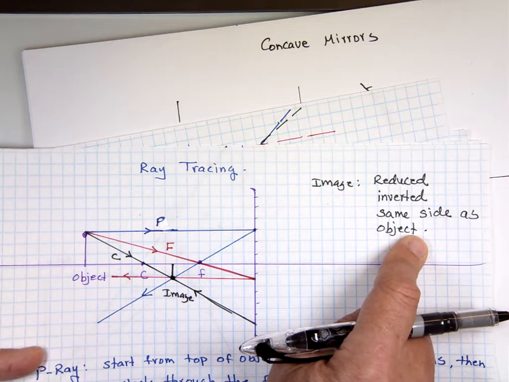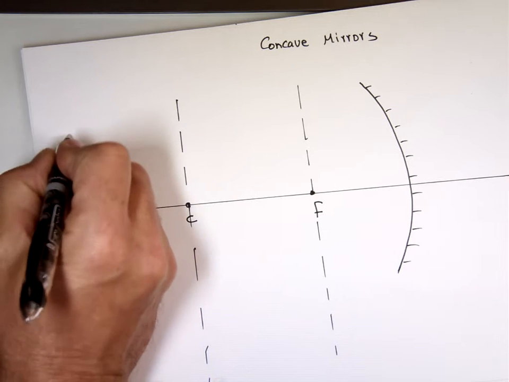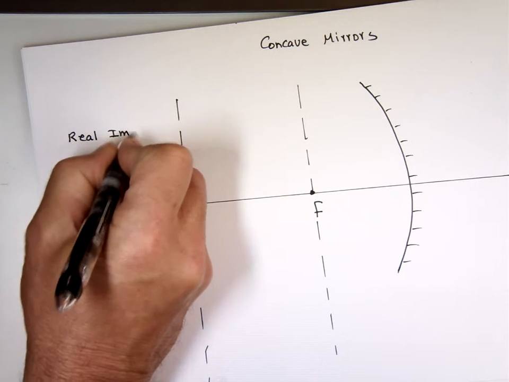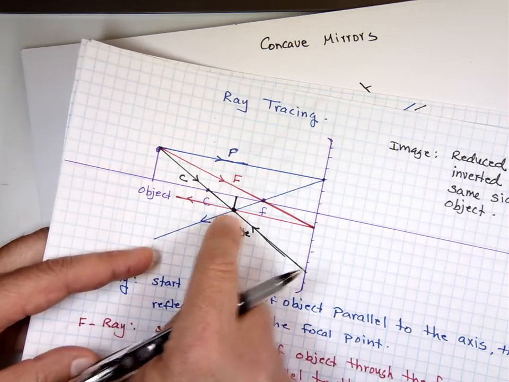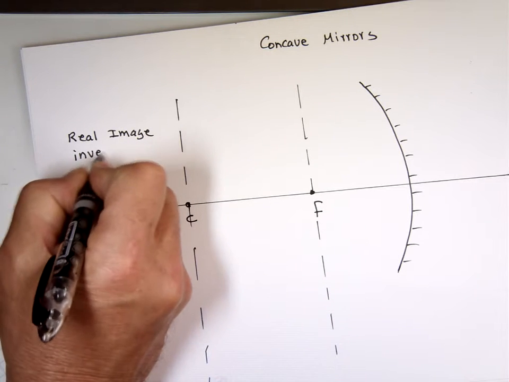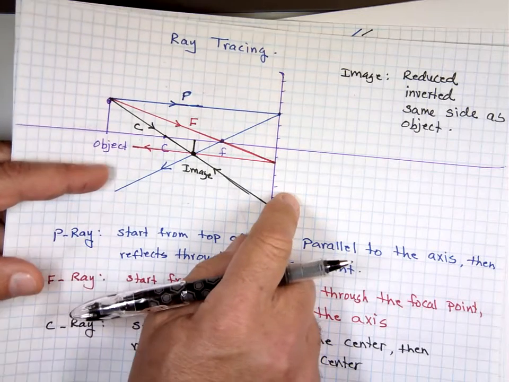So summary, you're going to have a real image right there on the same side, inverted, right? And what else we said? Isn't it reduced? Shrunk?